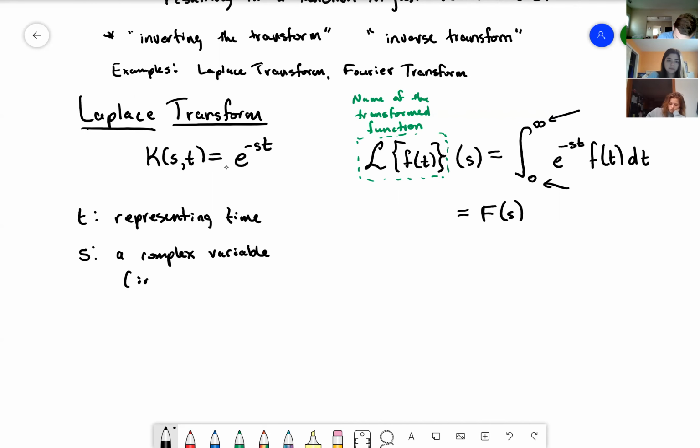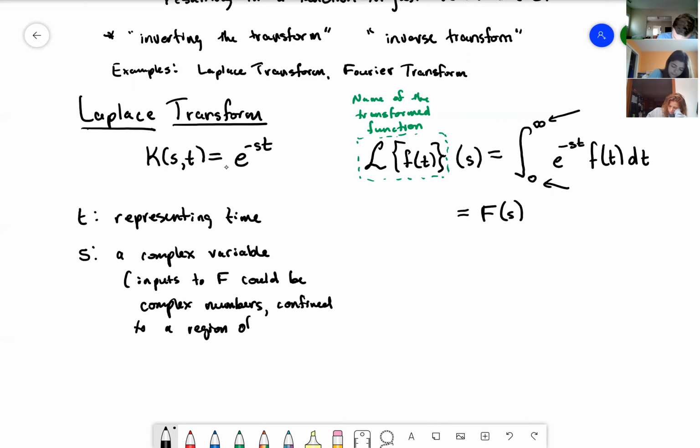So the inputs to F could be complex numbers, and it's confined to a region of the complex plane.